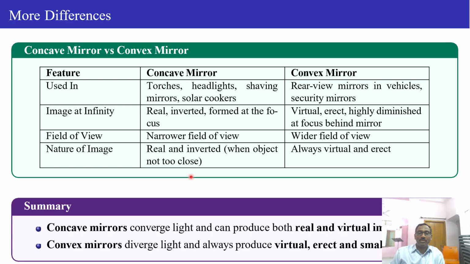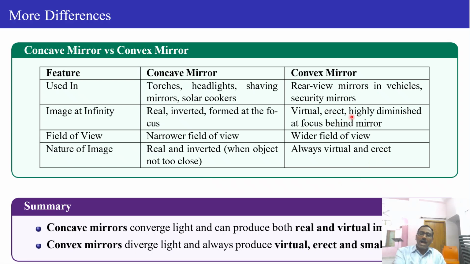If the object is very close to the mirror, that is in between pole and focus, then you will get a virtual image. For concave mirror also you will get a virtual image. That is behind the mirror, so we will be unable to catch it on the screen.